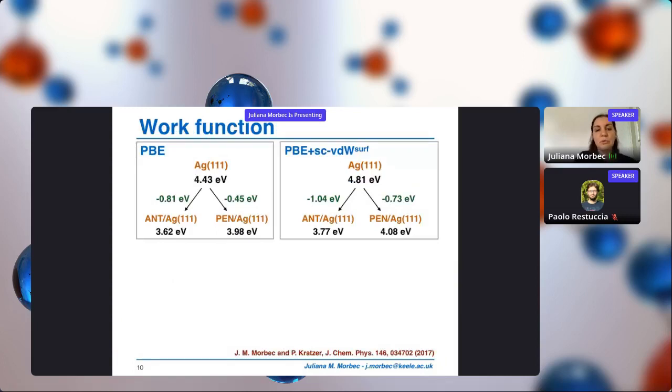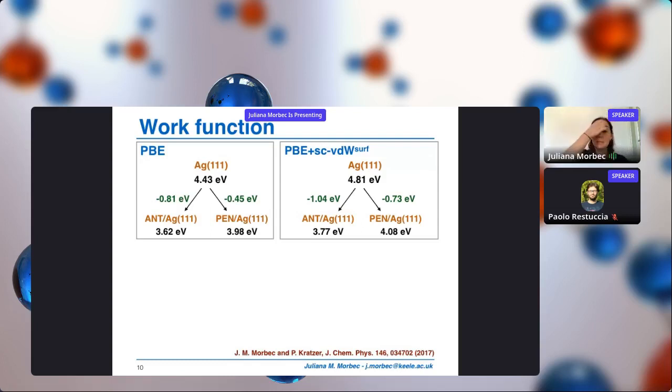And we also look at how the work function changes when you include Van der Waals. When you include the molecules, the work function of the surface changes, and there is a reduction in energy. You see that the reduction of the work function is much larger with the anthracene molecule than with the pentacene molecule.